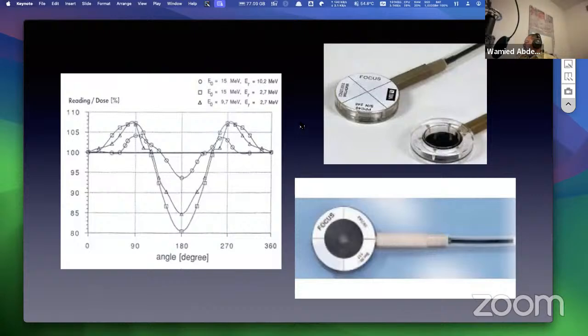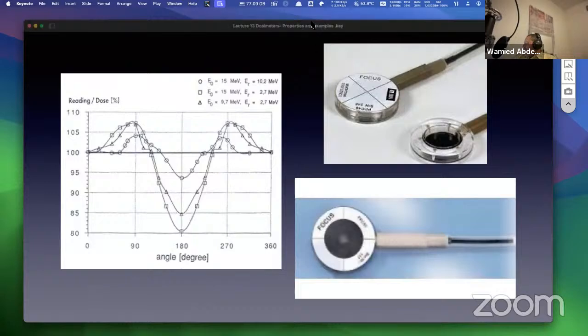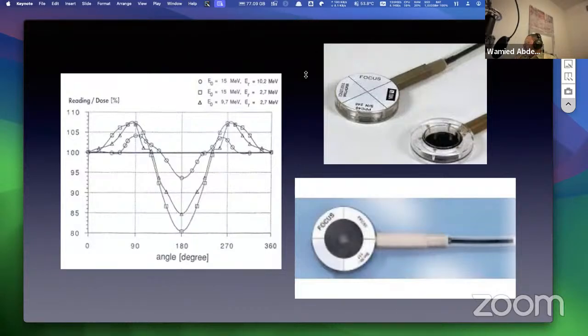We have some chambers used for, let's say, electron dosimetry or whatever. They have some desirable properties like spatial resolution. But the problem with parallel plate chambers is that they are affected by the direction of the beam.